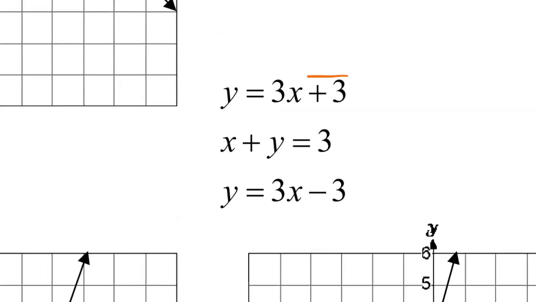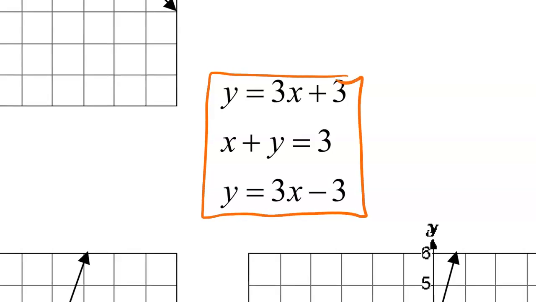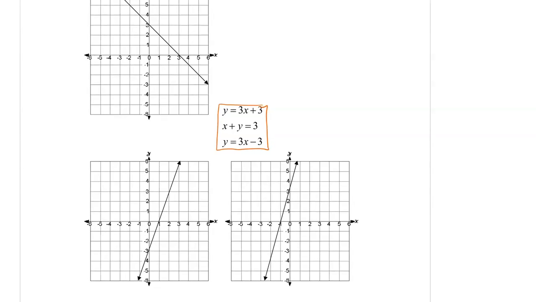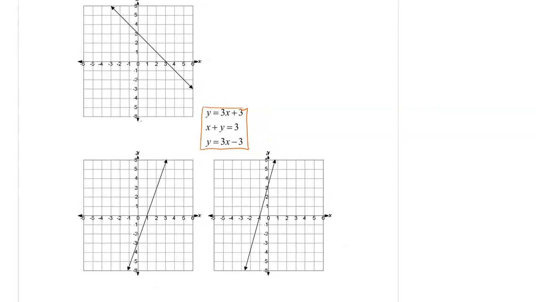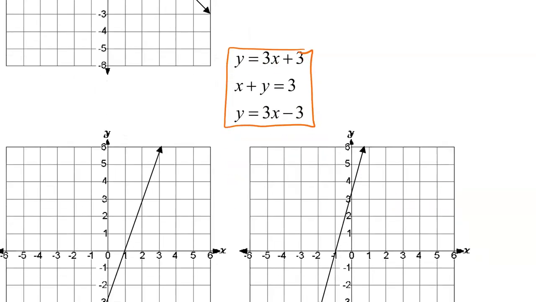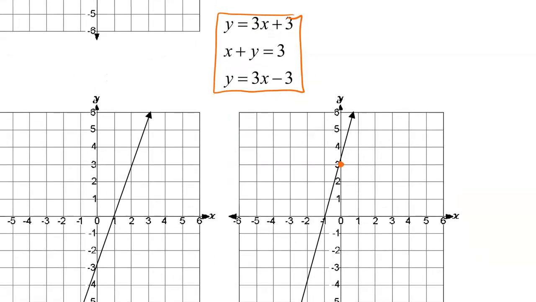Now the equations that we are using are right here. So we have the 3 different equations and we have our 3 different graphs. Because I already know this, if you look quickly, there's a point here where 0 is your x and y is 3. This is why we're going to have to do 3 different points for the equations, because you're not going to be able to determine which equation belongs to which line just off of that one point.